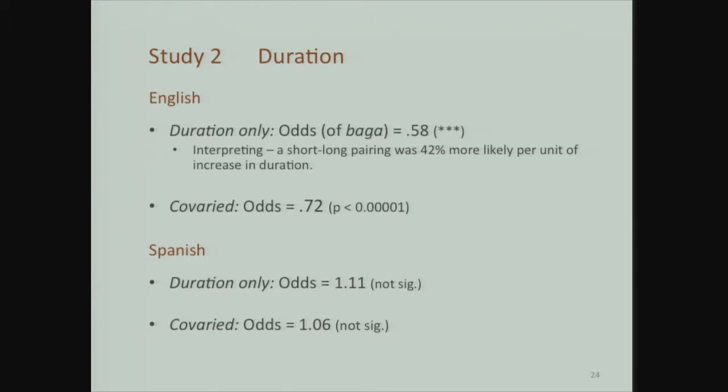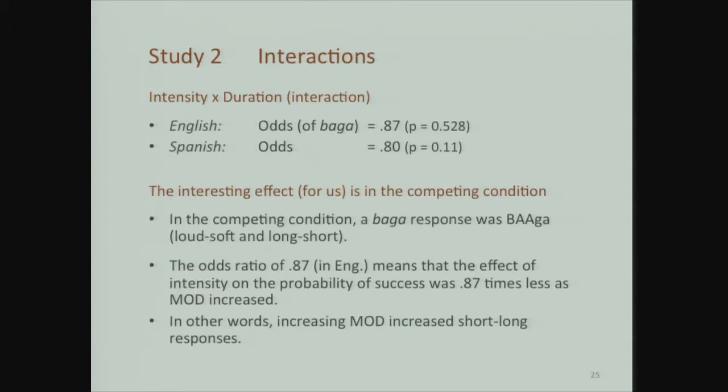And we see this was highly significant. And in the case of the Spanish data, really not very much is going on with duration at all. And neither of these things was significant.